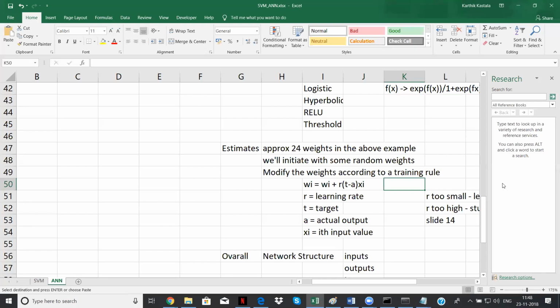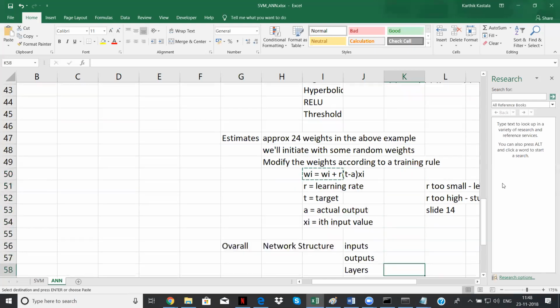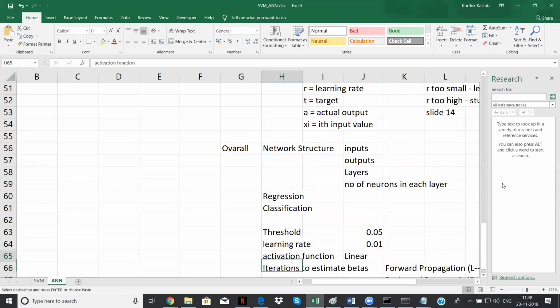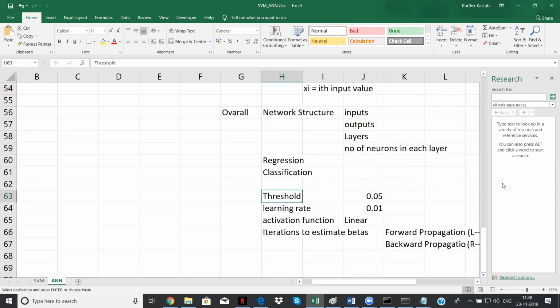So what would be your overall inputs? Throughout the function, what all would you take into consideration? First of all, your network structure, like the number of inputs, the number of outputs, and the number of processing layers that you wish to insert.